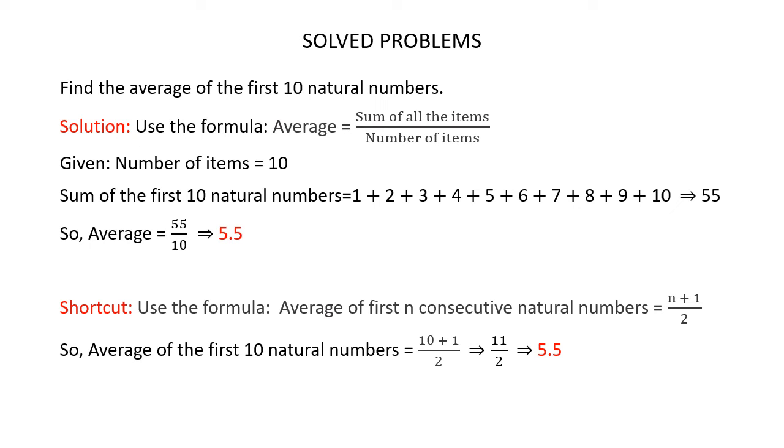So substitute the value of n as 10 in this formula. So average of the first 10 natural numbers is equal to 10 plus 1 divided by 2, which is 11 by 2, and 11 divided by 2 gives you 5.5. So the average of first 10 natural numbers is 5.5.